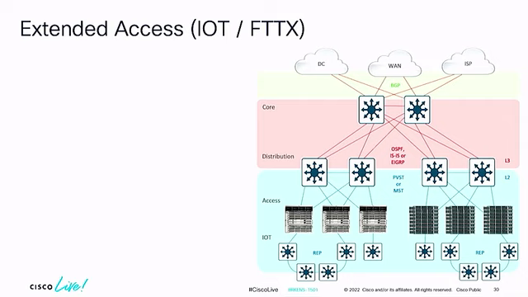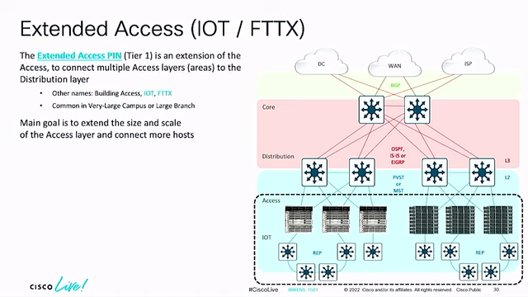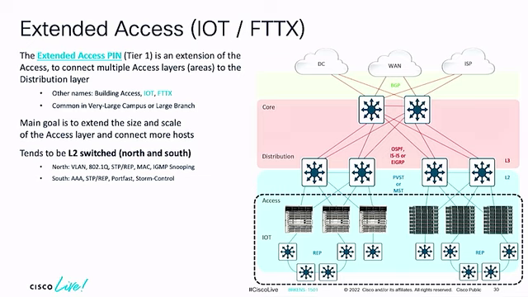This is very common in manufacturing and some other verticals where you're bringing in, let's say, industrial Ethernet switches, or in larger campus environments, office building environments, especially going to more of the flexible workspace options. We're seeing more things like small switches in conference rooms running conferencing applications and things like that. So we're seeing more of this extended access where you might be running things like REP or something else.